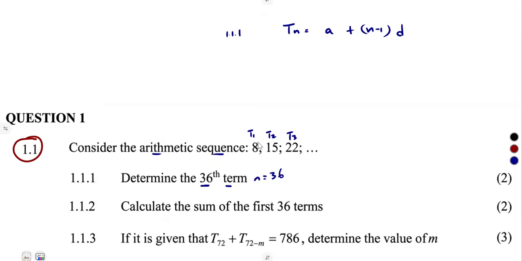A being our first term, which is 8, our a is 8. Then d, as the common difference, we are going to determine from our terms. Term 2 minus term 1, 15 minus 8, that is 7. Here there's also a difference of 7.